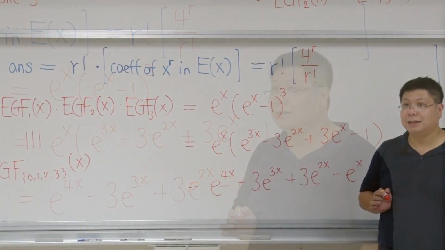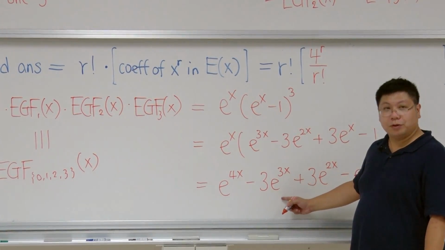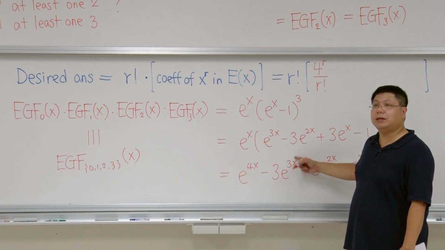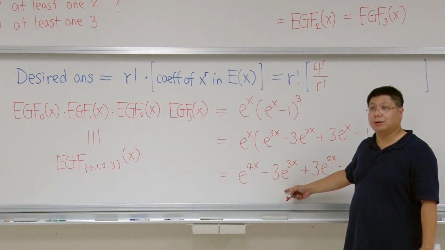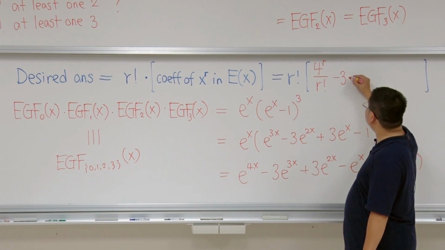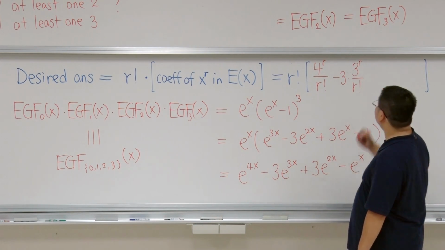Now, if you are okay with this, then focusing on the x to the power r term from this part, we get 3 to the power r divided by r factorial, and then we have a minus 3. So it is going to be minus 3 times 3 to the power r divided by r factorial.